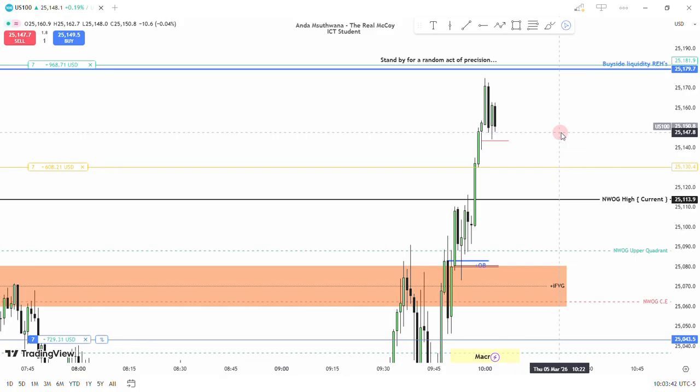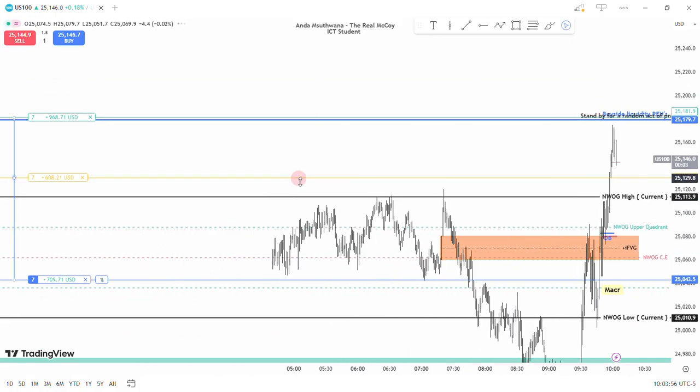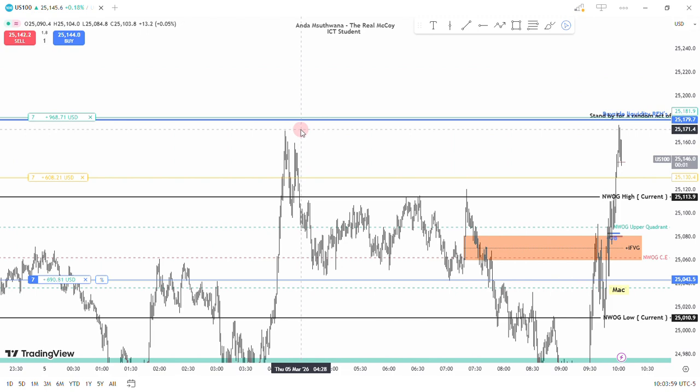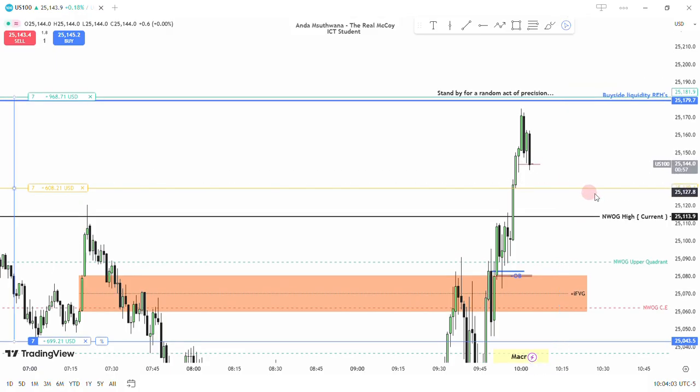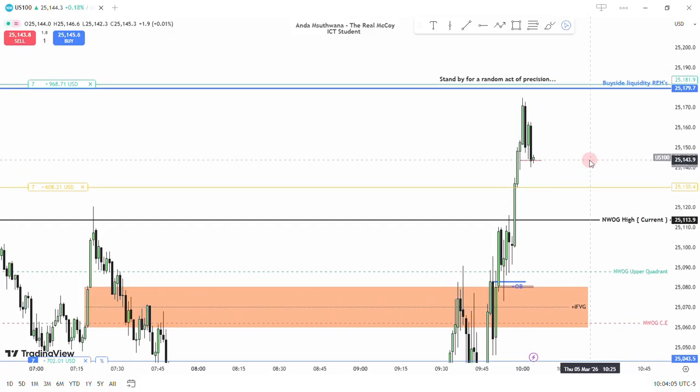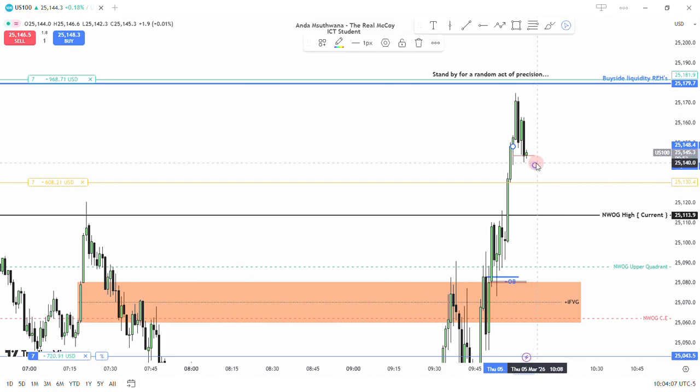However, if it does close below it, then I run the risk of getting stopped out on a trail stop, which it eventually does. So those were the signature signs. Those are the Asian highs right there. It had just taken those out, and that was the turning point, and I got stopped out.